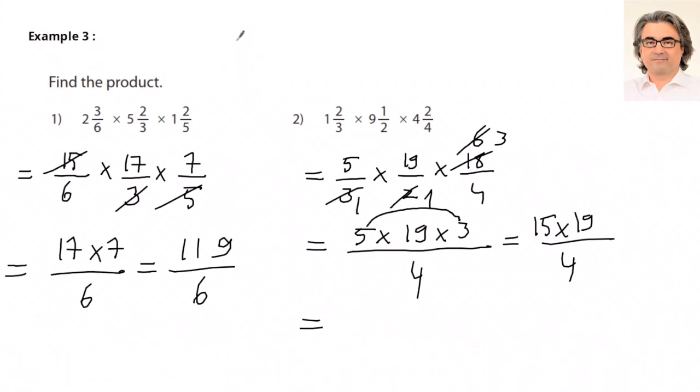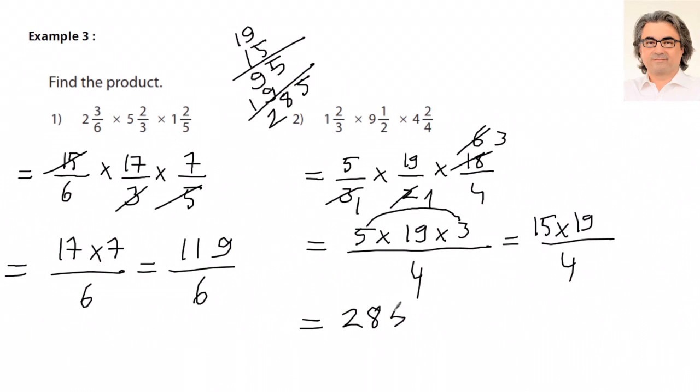Let's multiply 19 with 15. 5 times 9 is 45. 5 times 1 is 5, plus 4 is 9. 1 times 9 is 9. 1 times 1 is 1. 285 over 4 is the final result.